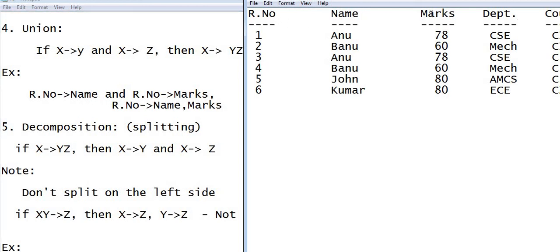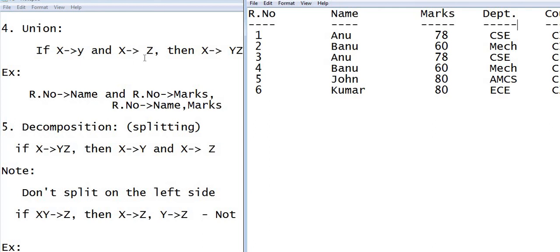Using the roll number, we can find the person's name as well as marks. For example, roll number 6 is Kumar. If the roll number is 6, we can easily determine his name as well as marks, that is, Kumar comma 80. So this is the union property.